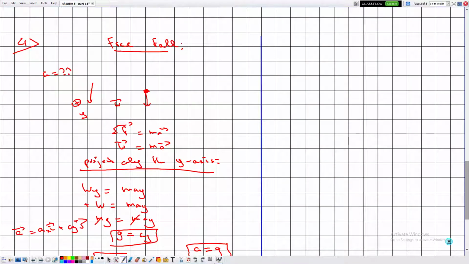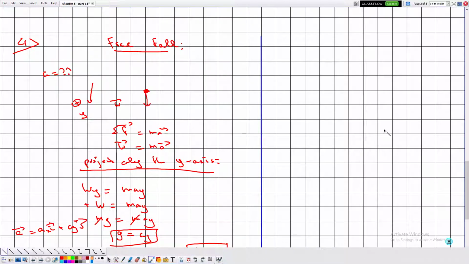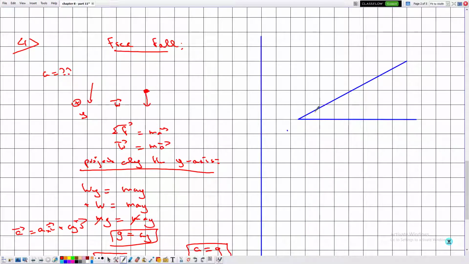Okay, now what about if the solid is falling along an inclined plane? And the angle of inclination is given by alpha. Here we have a solid.